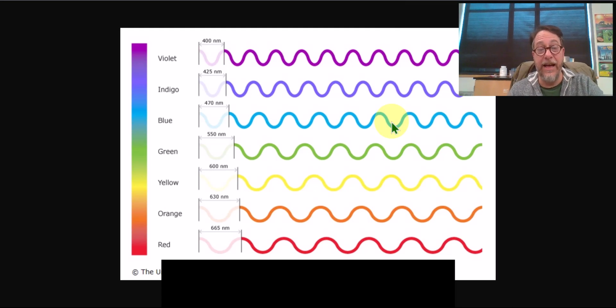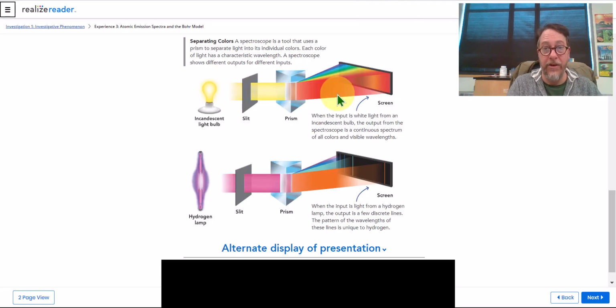The violet light has a shorter distance between the peaks or the troughs. The energy of the photon is what a piece of light energy is called, whereas the red has longer distance between peaks and therefore has a longer wavelength.